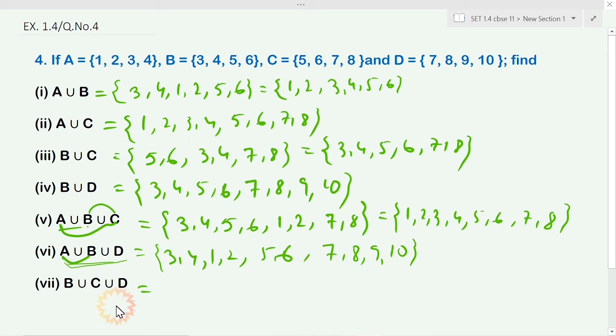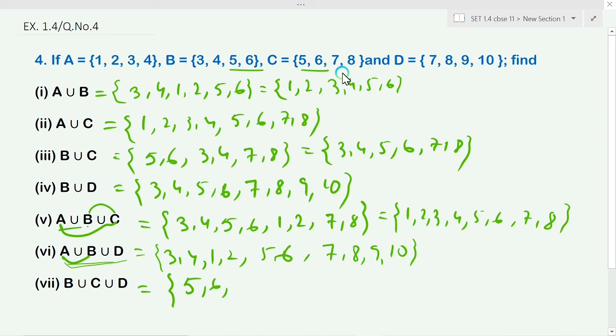Now the last one, B union C union D. Is there any common element in B, C and D? No. Now we find the common element between B and C, that is 5 and 6.